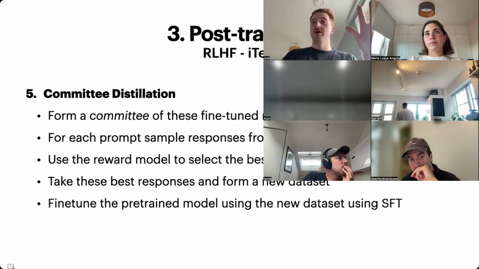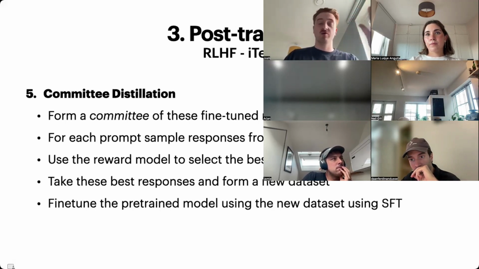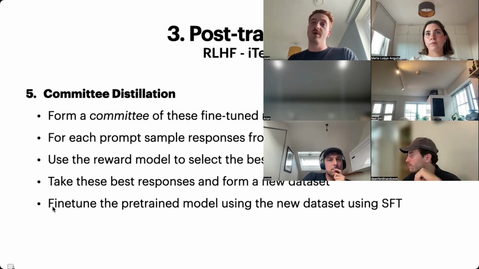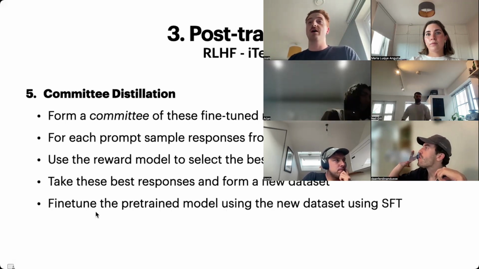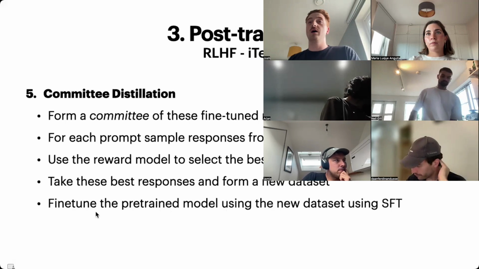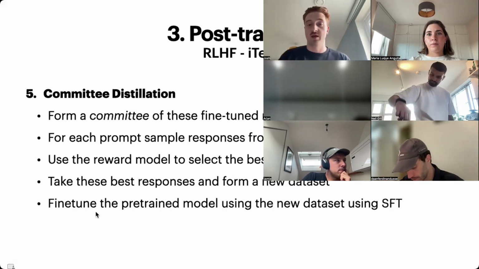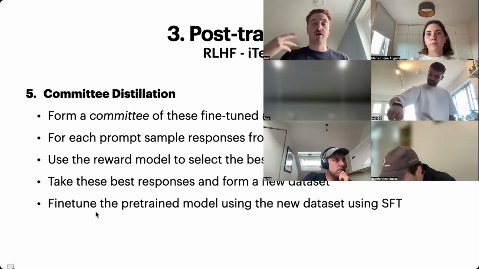So what you do here is you take the reward model, use that to find the best responses from the committee for any singular input prompt, and you create a new data set, which is all going to be synthetic data, that tells you there's this collection of good responses from the committee. You create that, and then you train the original model again.